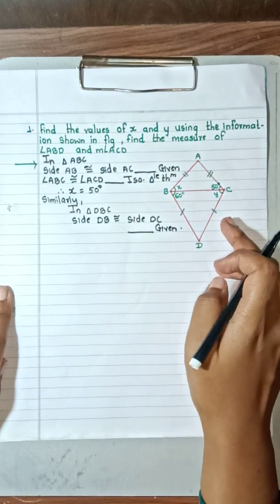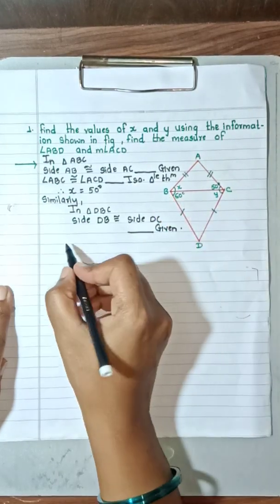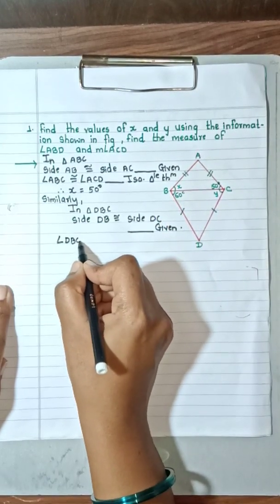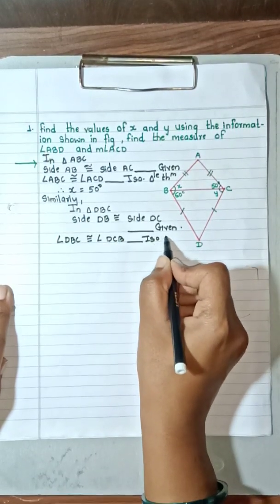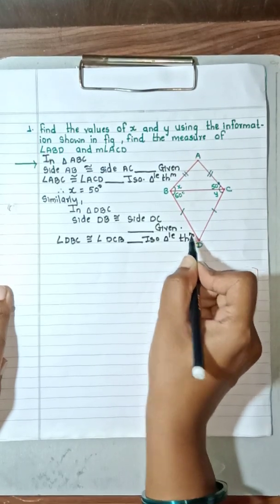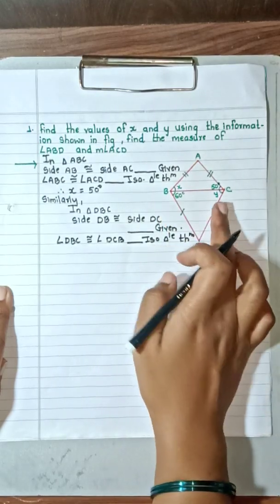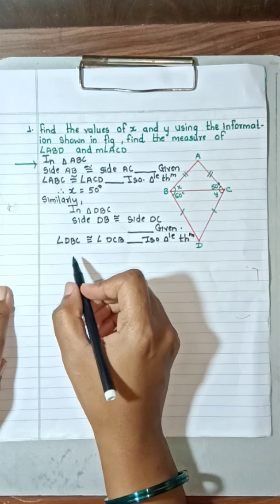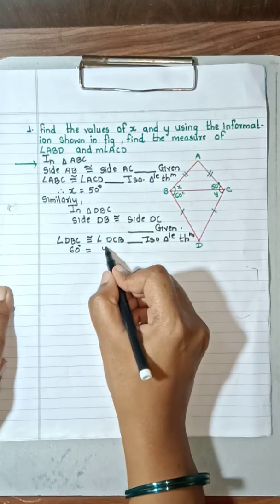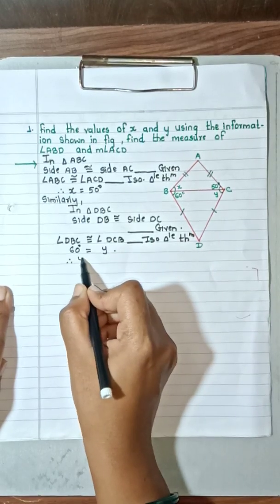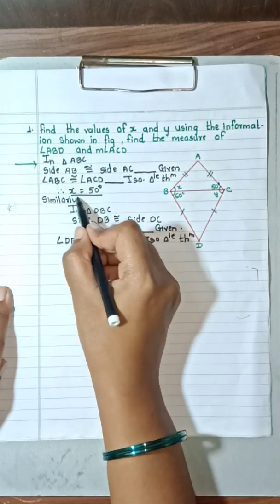Now you can write down here angle DBC is congruent to angle DCB by isosceles triangle theorem. Now as both angles are equal, angle DBC is 60 degrees, which is equal to DCB, and DCB is y. Therefore, you can write down here in a proper way that y is equal to 60 degrees. So you have got the value of x and the value of y.